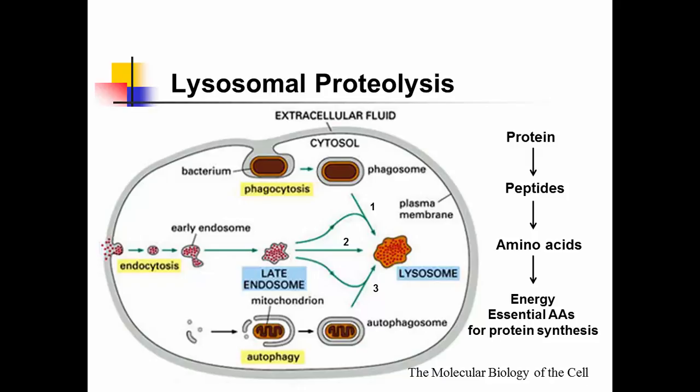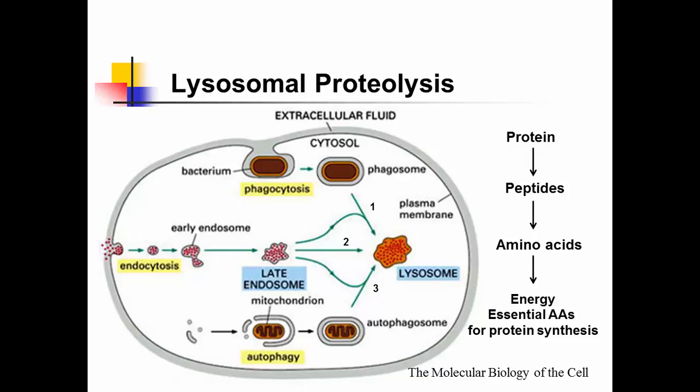Vesicle fusion is basically responsible for degradation of extracellular proteins and cell membranes. Sometimes it even handles bacteria, depending on the type of cells. Like macrophages, usually they can degrade bacteria, to kill bacteria, and also extracellular proteins. So here is just an example of the bacteria.